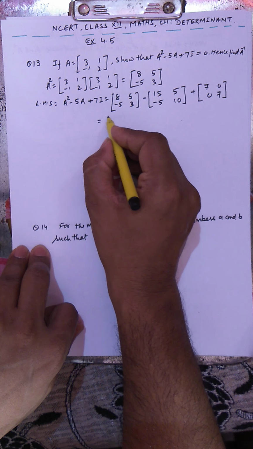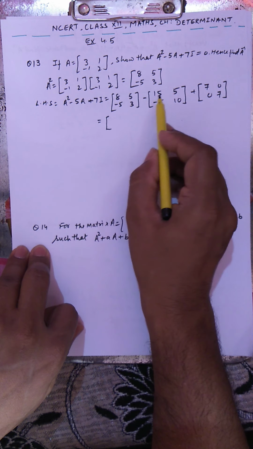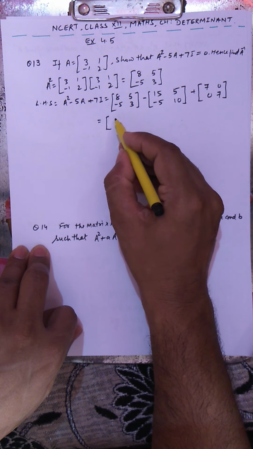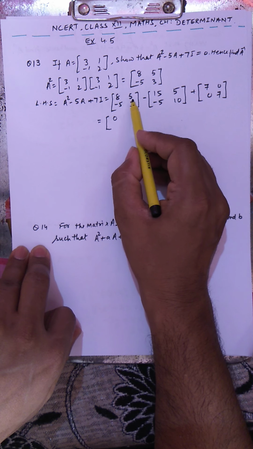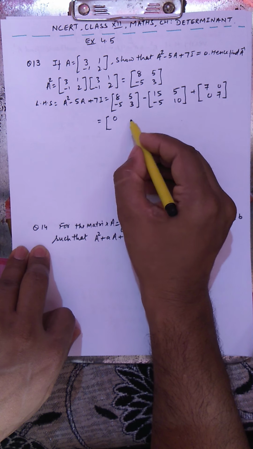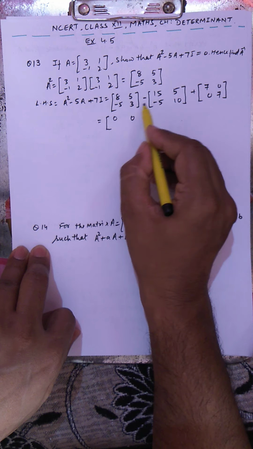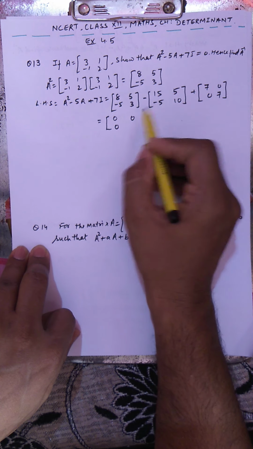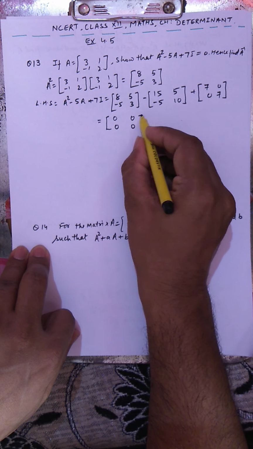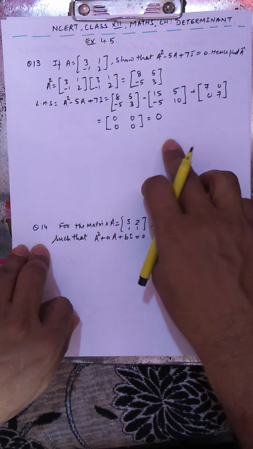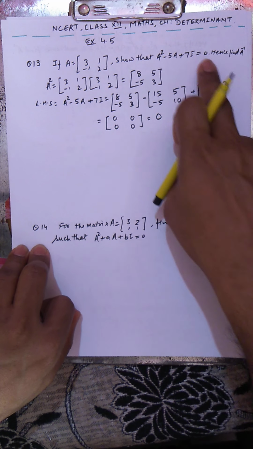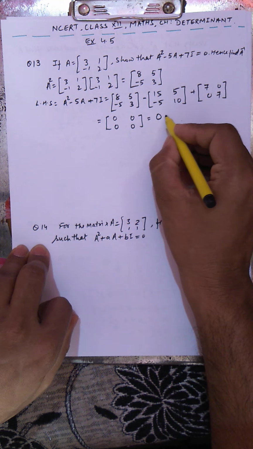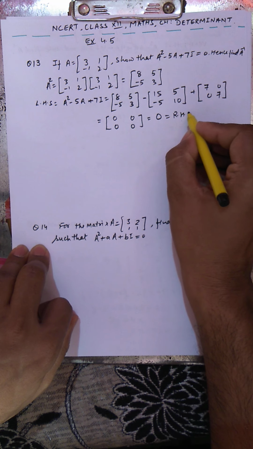Now you simplify this. 8 minus 15 plus 7, this is 0. Then 5 minus 5 is 0, then -5 plus 5 is 0. And 3 minus 10 plus 7 is again 0. So this has come as the 0 matrix. Remember this 0 is not a number, this is the 0 matrix. So we have shown that LHS equals RHS.